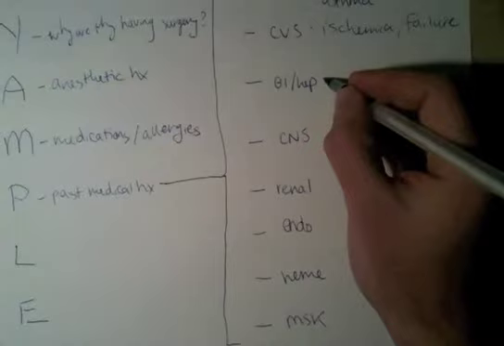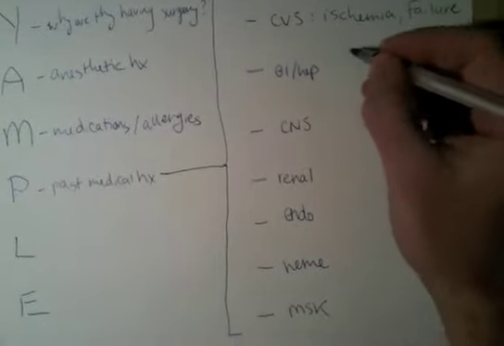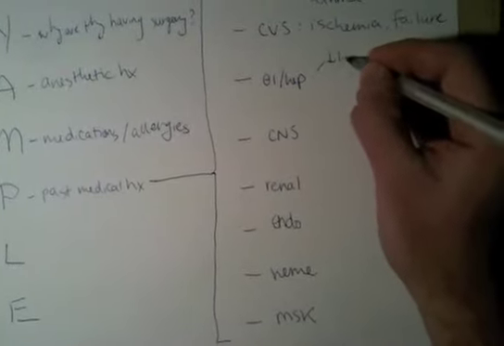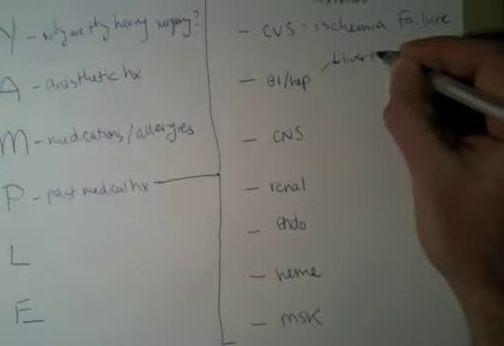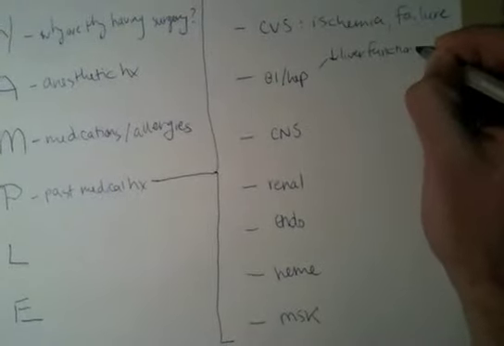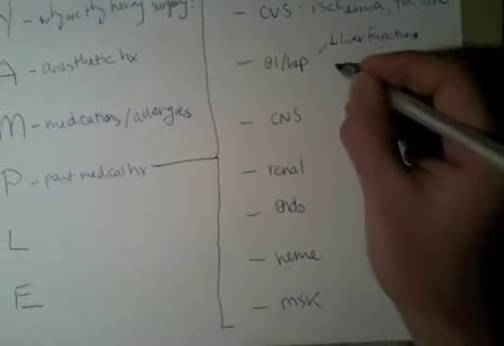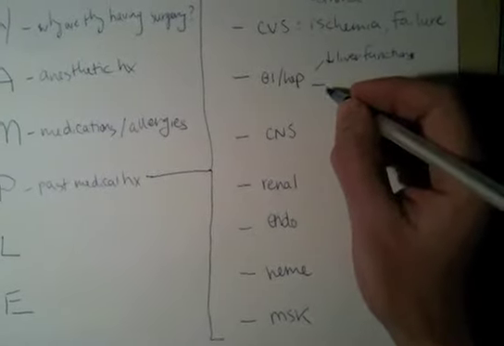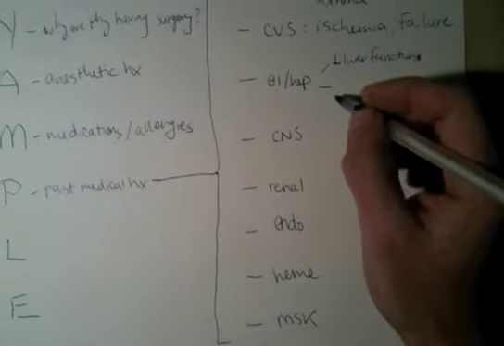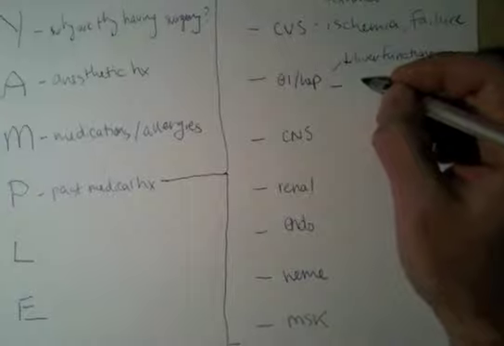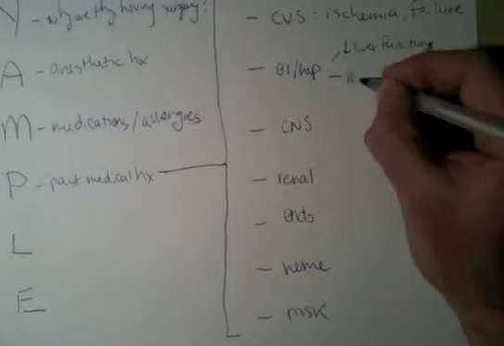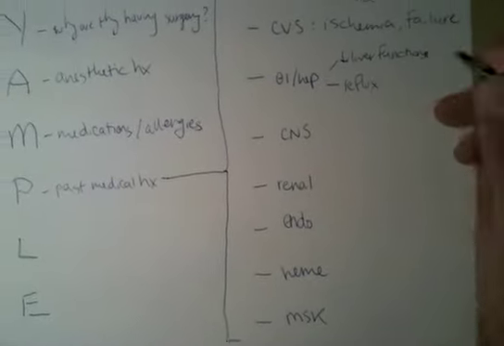For the GI system and the liver, you obviously want to know about any decrease in liver function, because the liver is very important in metabolizing a lot of the drugs that we as anesthetists give. And in terms of your risk of aspiration, you want to ask about reflux symptoms as well.